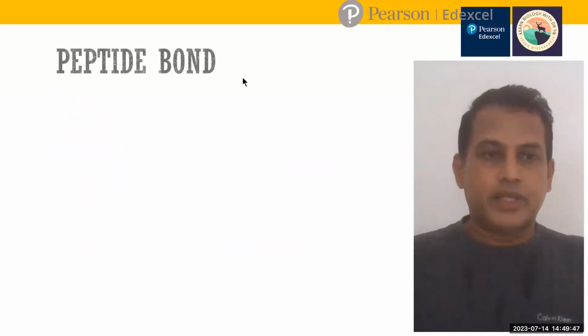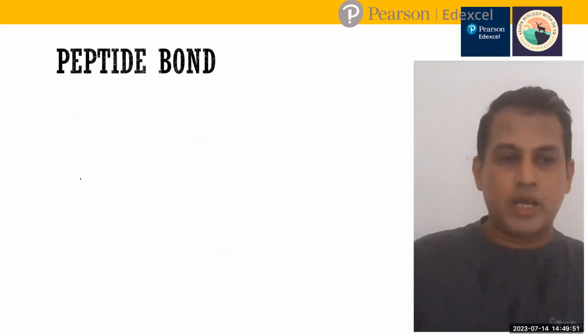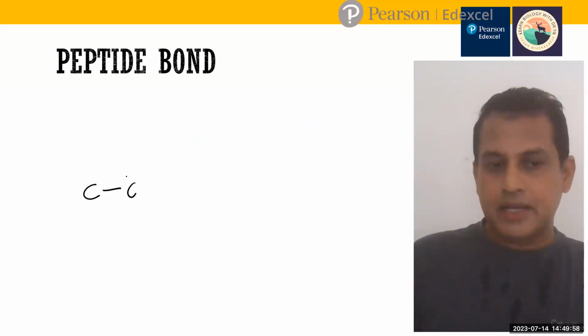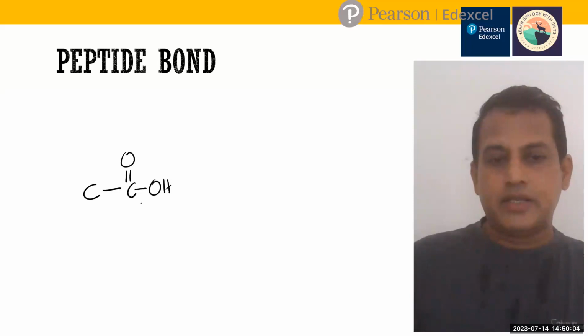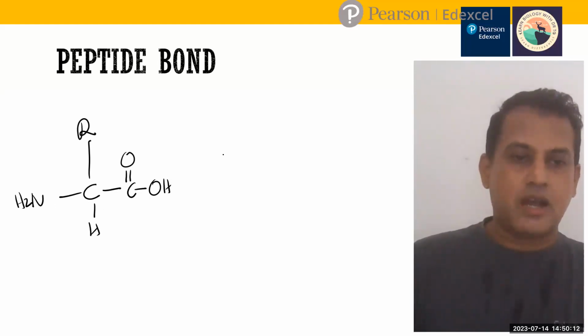Okay, here I'm going to show you again one amino acid, carbon. And this side, the carboxylic group, I can expand the carboxylic group like this, and this side is the amine group, amino group, hydrogen, and this is the R.